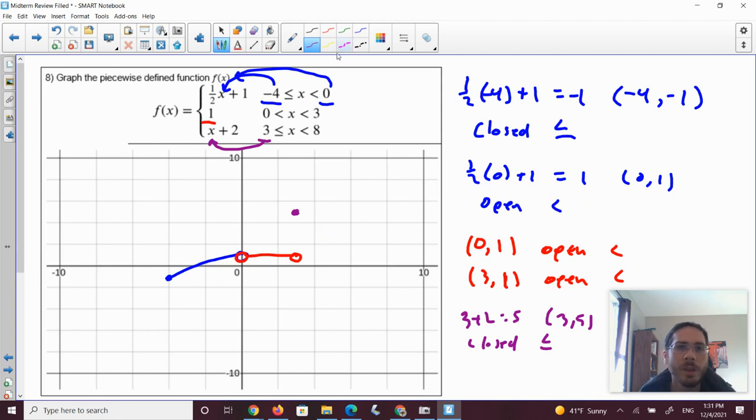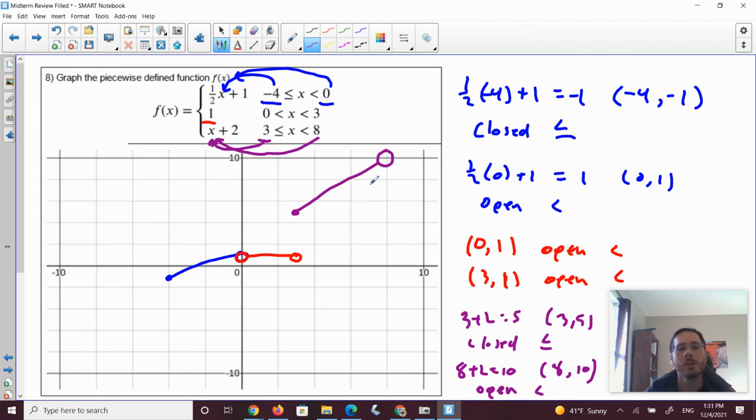It's right in the middle. Then I got to plug in the 8. So I get 8 plus 2 is 10. So I have to plot the point 8, 10, which is going to be open because it's just a less than sign. 2, 4, 6, 8, 10, and open.